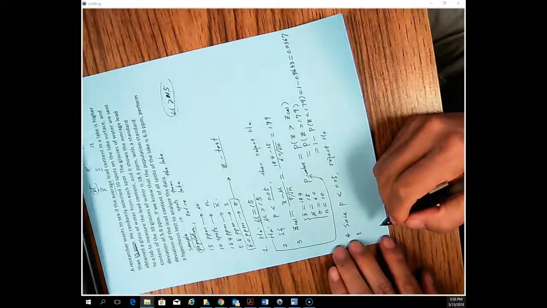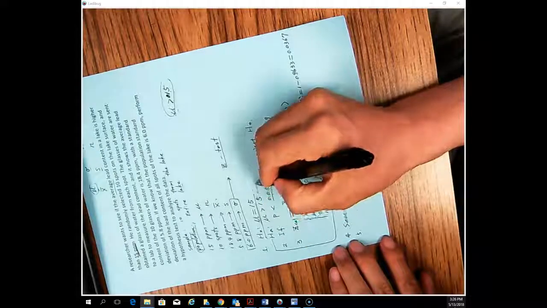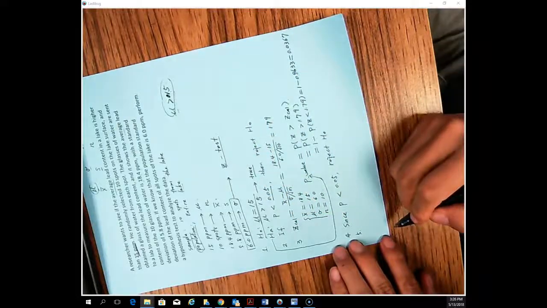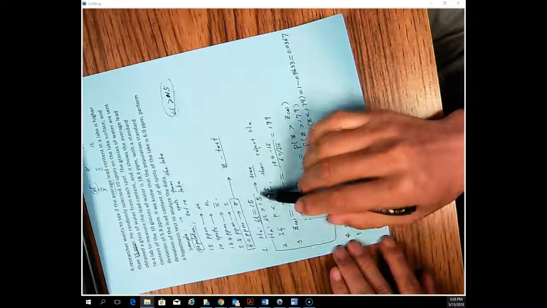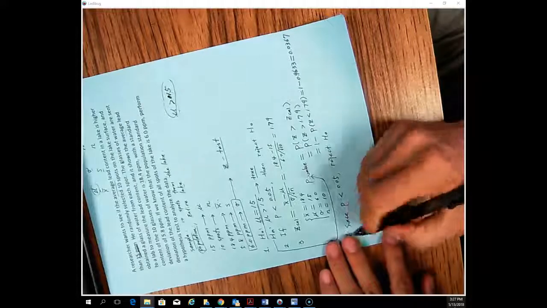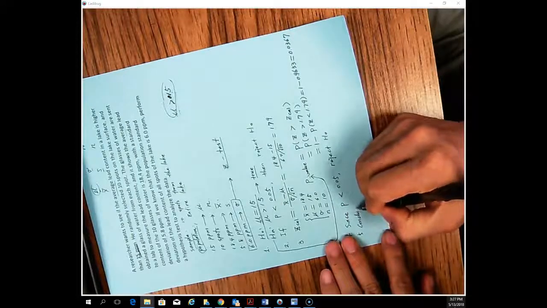What does it mean when we say reject the null? That means we have enough evidence the alternative is true. So we need to conclude the alternative is true, but without using any statistical term. So here the conclusion we can write.